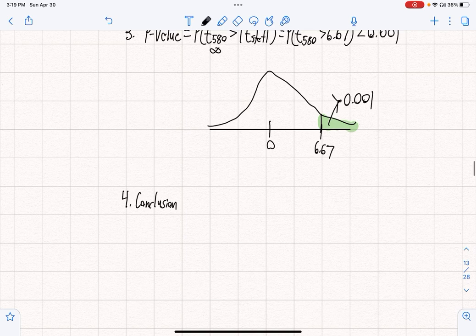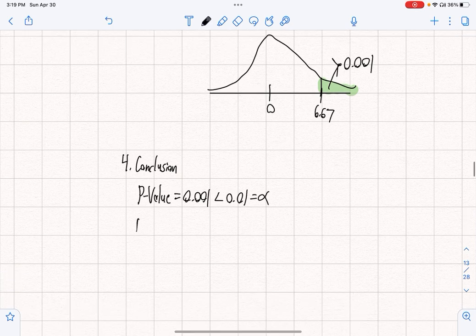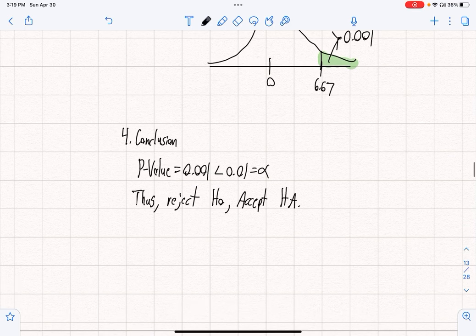Conclusion: we just compare p-value with alpha. Our p-value is equal to 0.001, which is less than 0.01, which is our alpha. When p-value is less than alpha, we reject H naught and accept HA, which agrees with our critical value approach, which is what we expect.